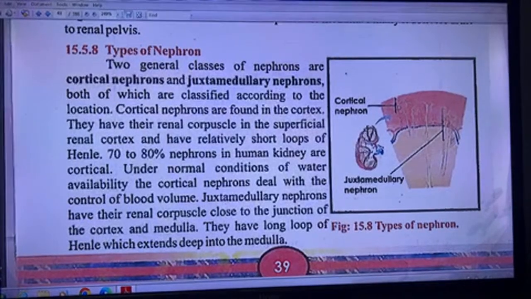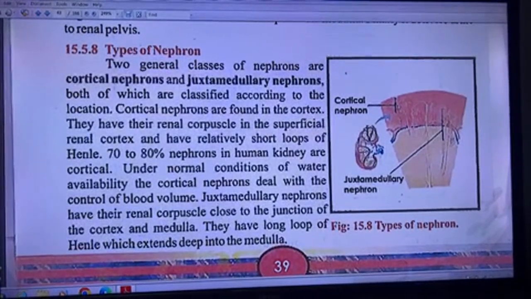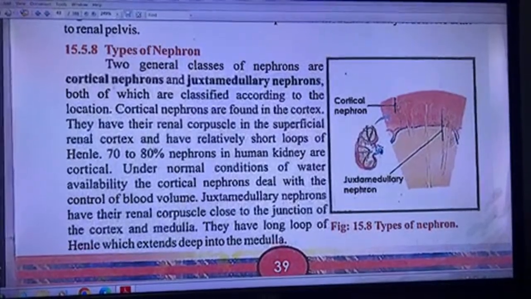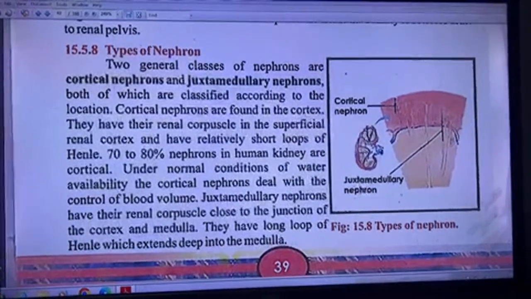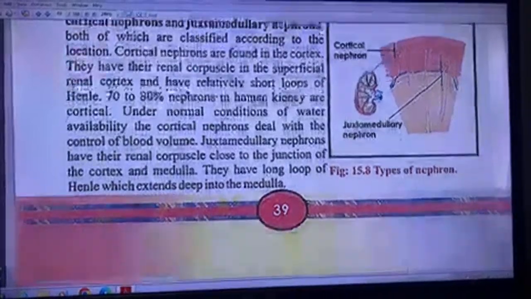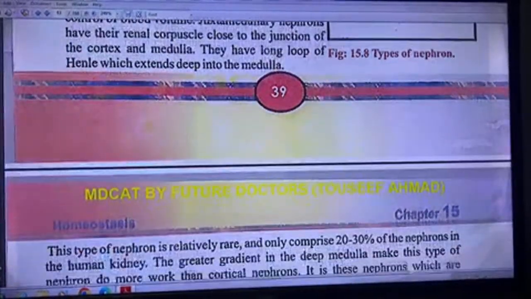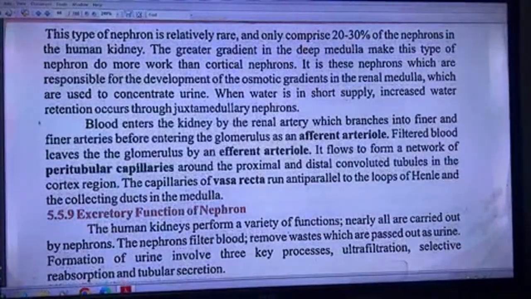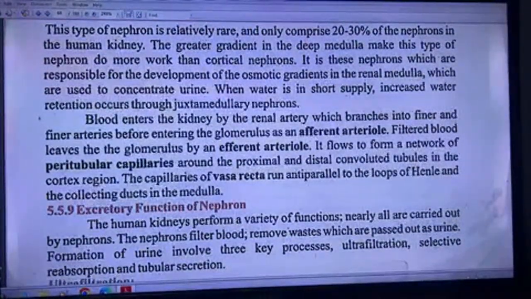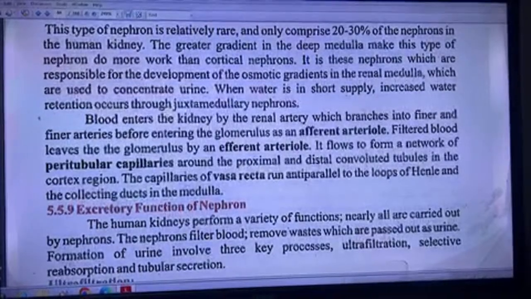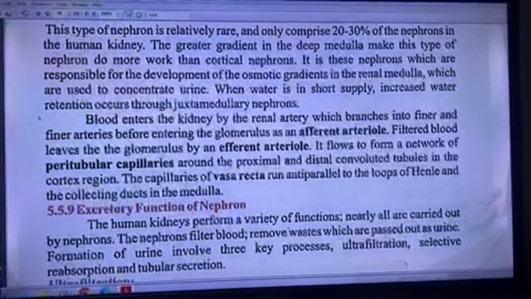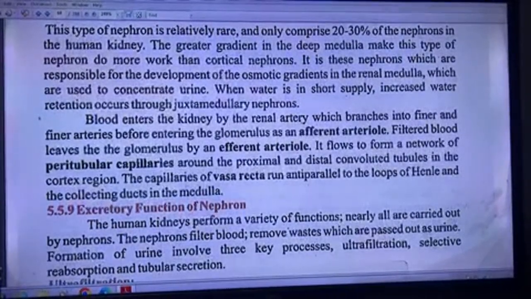Juxtamedullary nephrons have their renal corpuscle close to the junction of the cortex and medulla. They have a long loop of Henle which extends deep into the medulla. This type of nephron is relatively rare and only comprises 20 to 30% of nephrons in the human kidney.